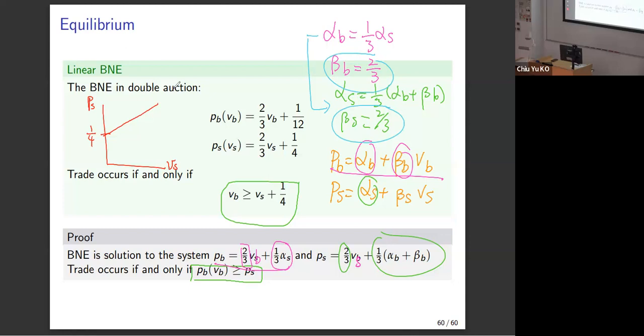And what about the VB, right? If you try to do VB here, right, it will be something like this. It's 1/12. So that will be the linear function they do.